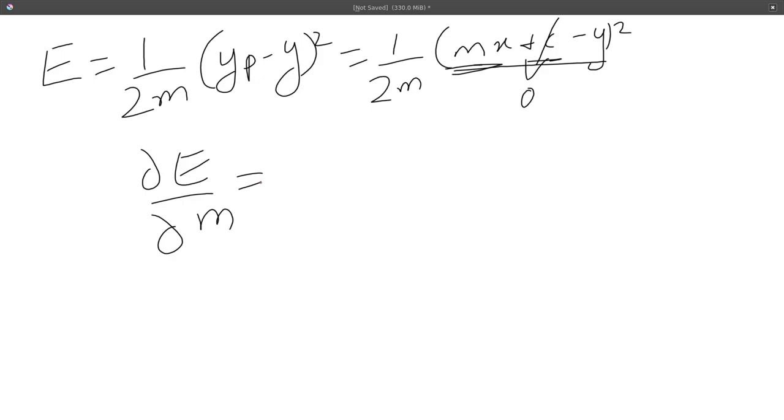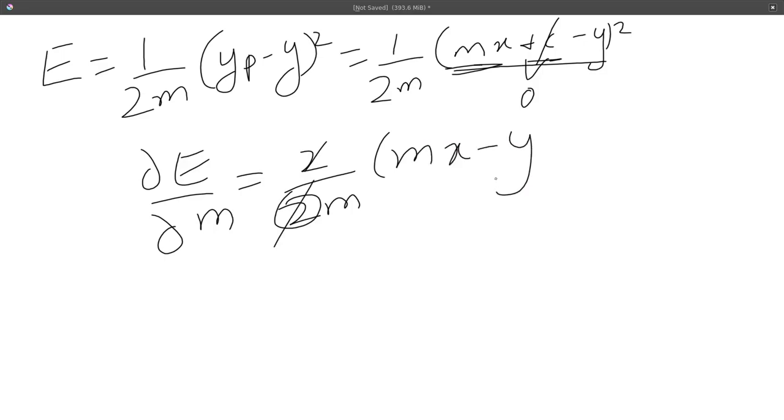So now the 2 is making actual sense because the 2 will get cancelled. So this is mx minus y, and then this gets multiplied by the derivative of the inside. Since we are deriving in terms of m, this becomes x, right?